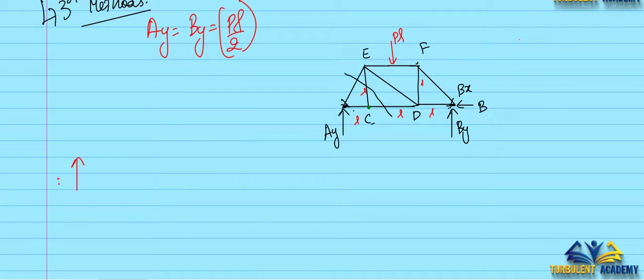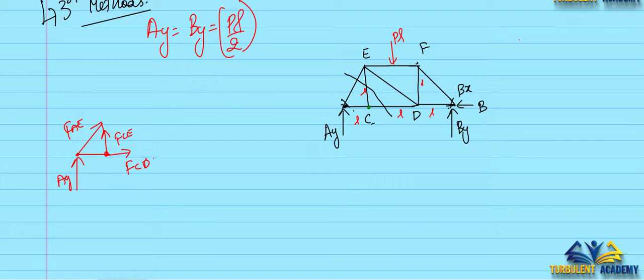So this is AY, and directly we go with the method of sections, and this will be cut. How many forces are here? AY is there, FAE is there, which is this, FCE is there, and FCD is there.